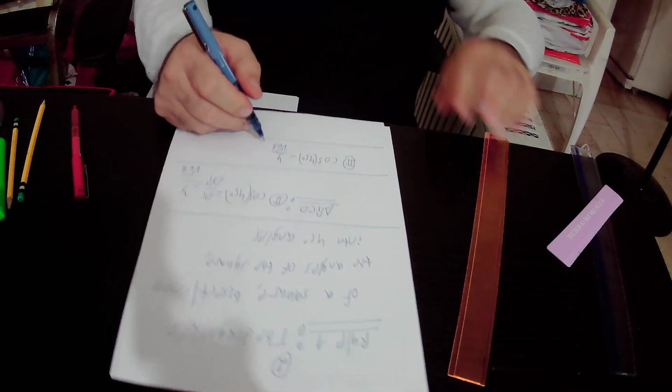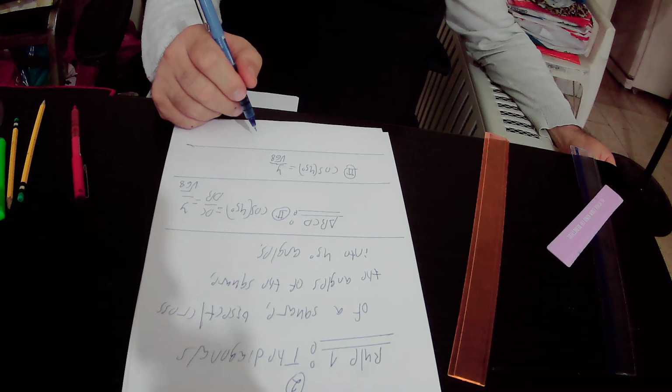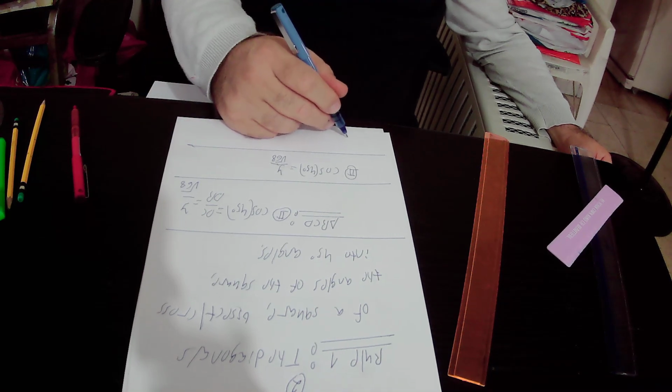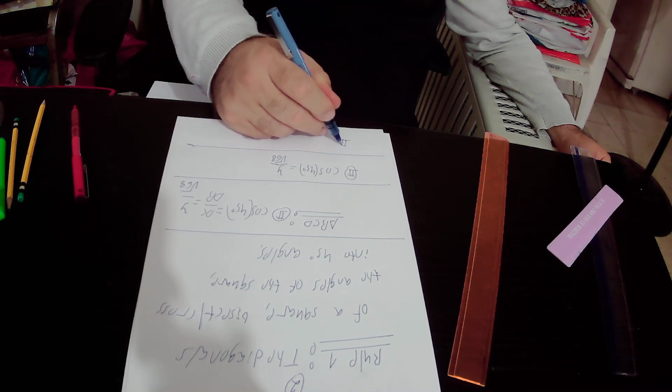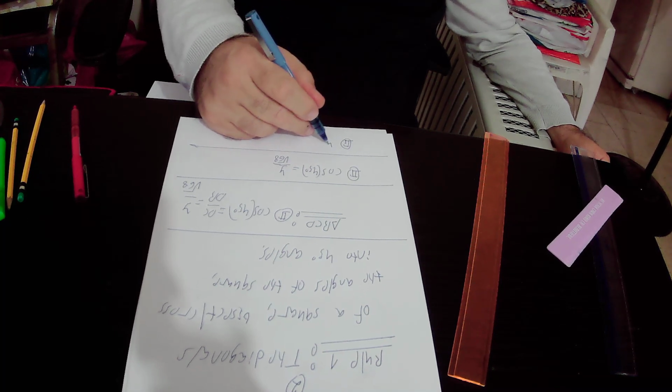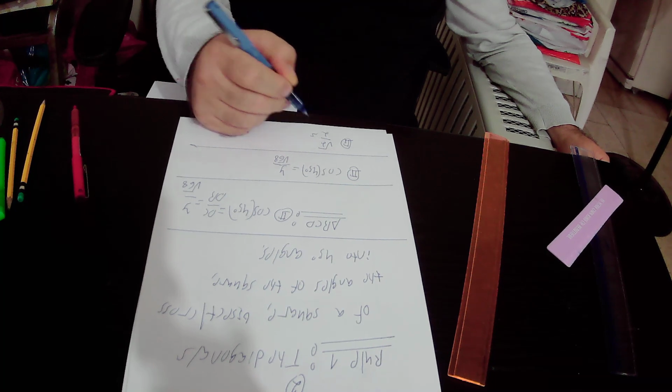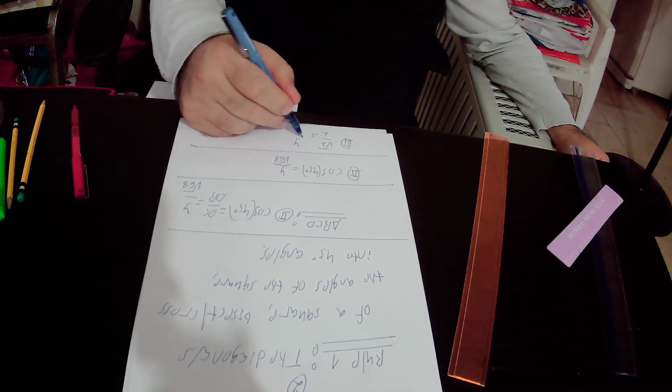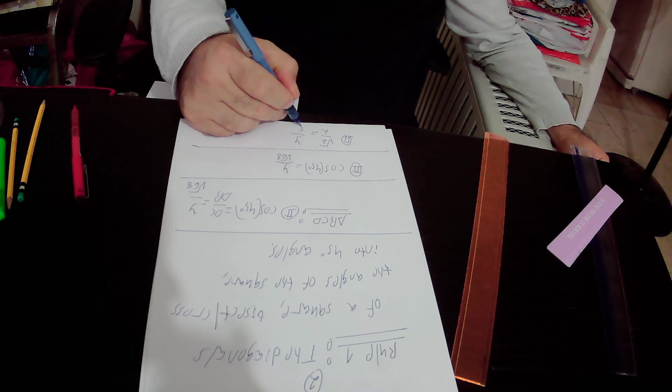We know that cosine 45 degrees equals the square root of 2 over 2. So we substitute, and it equals y over the square root of 68.